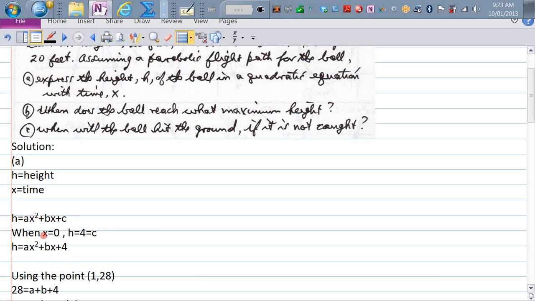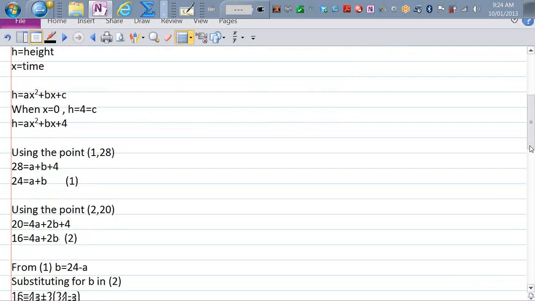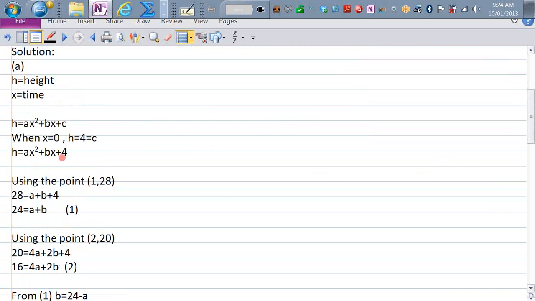We know that when x is 0, the height of the ball is 4, so that gives us c. Because when we start off at 0 time, the ball is 4 feet high, and the only way it can be that is if x is 0 and c is equal to 4.